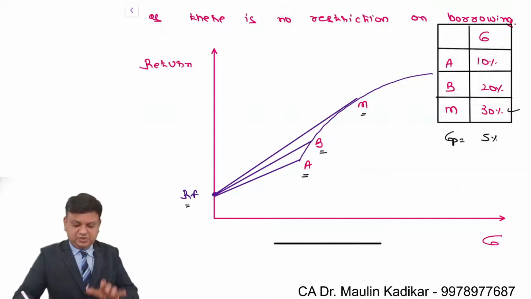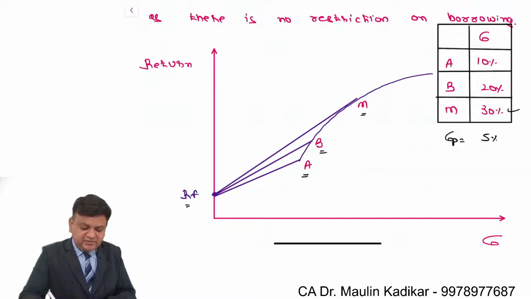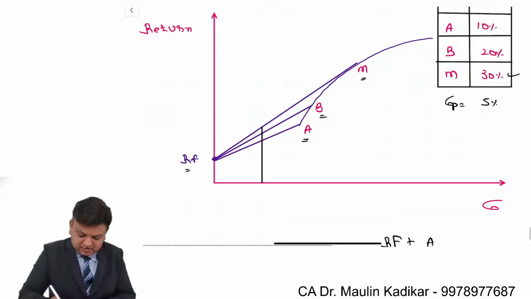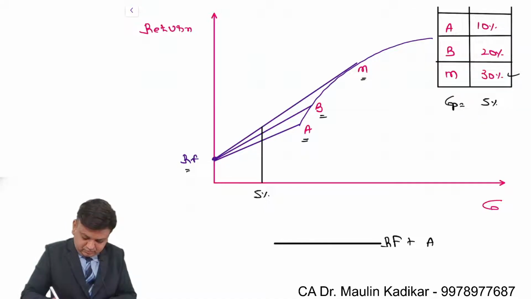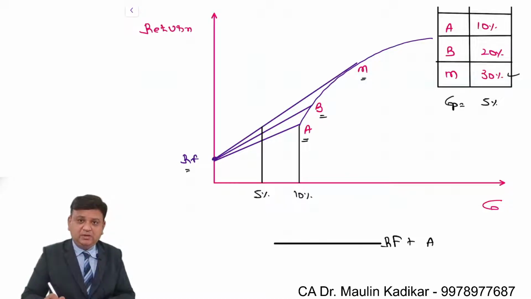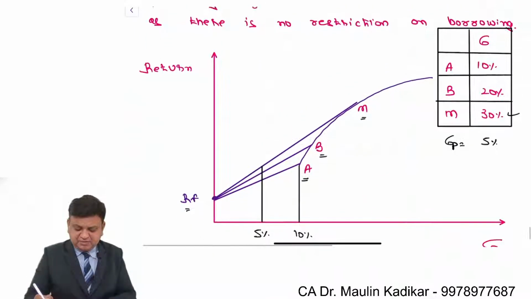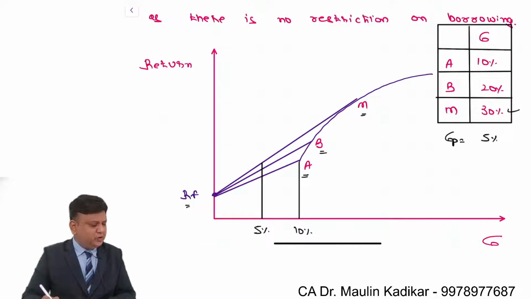Okay, 5%. Then in that case we understand that your client has three alternatives of investment. The three alternatives of the investment are like this. Standard deviation of the portfolio is 5%, plotted over here. This is 10% plotted over here, because I have made an assumption that portfolio A has a standard deviation of 10%.